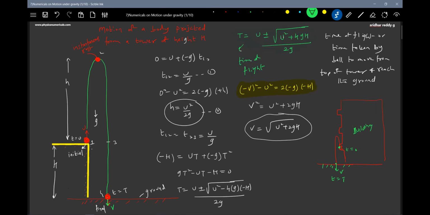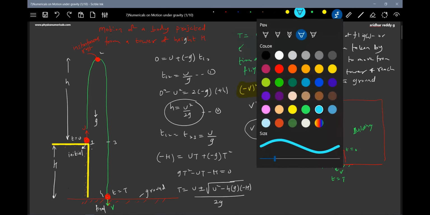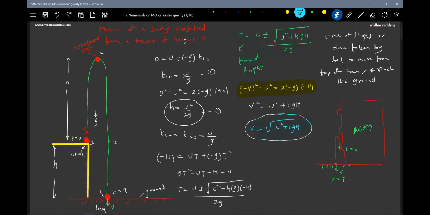There's a time of flight, and this is the speed with which ball strikes the ground.